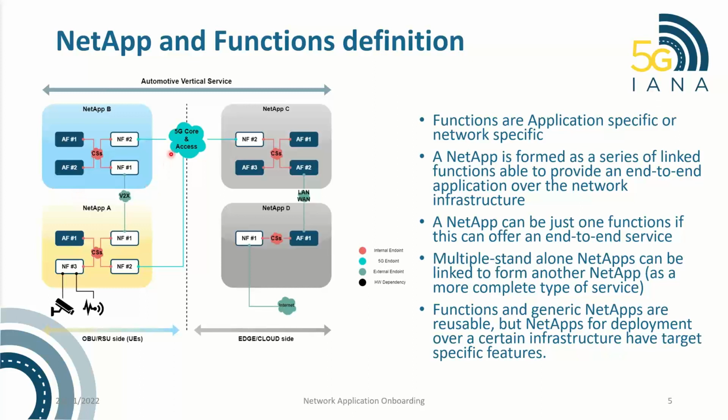So this set of parameters regarding the deployment and then the operation of the NetApp has to do with the targeted infrastructure where we want to deploy it. However, application functions and network functions are dependent components that can be reused. And of course, another requirement with respect to the NetApps is the ability to create new NetApps from existing NetApps.